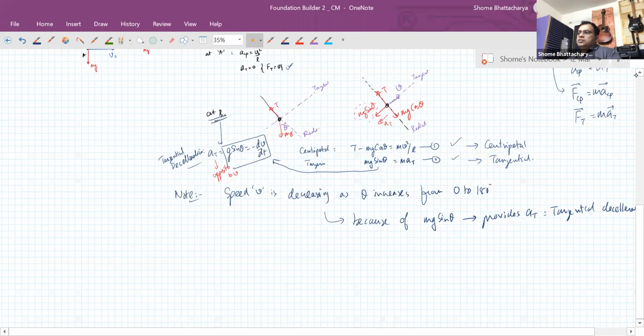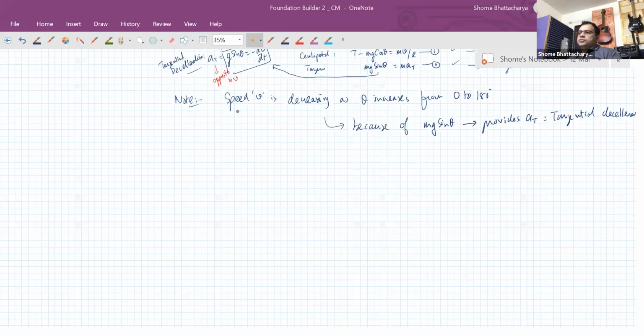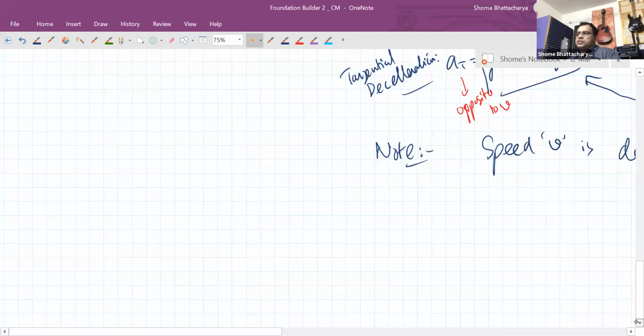Okay, so now see the other important aspect here. One is the free body diagram, and we just saw from the FBD at the point B, we are having those two equations.